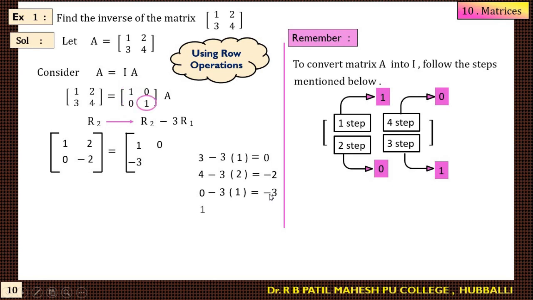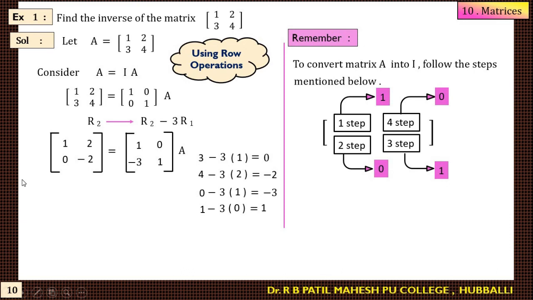Next element, it is 1 in R2, minus 3 multiplied by this 0, so it becomes 1 only, and write the same number here in the position, and A is written as it is.